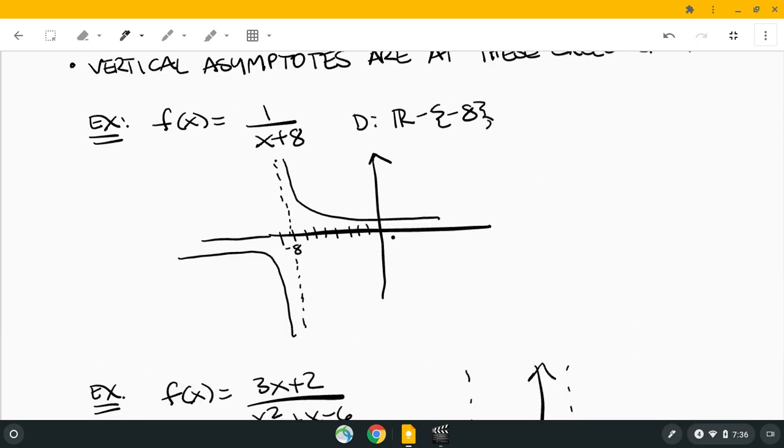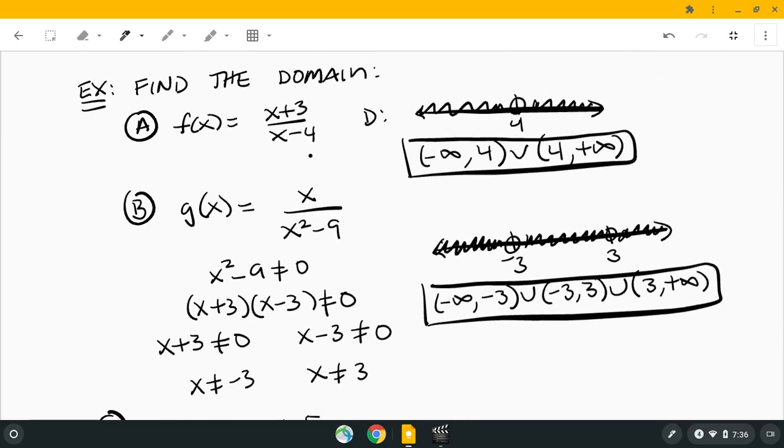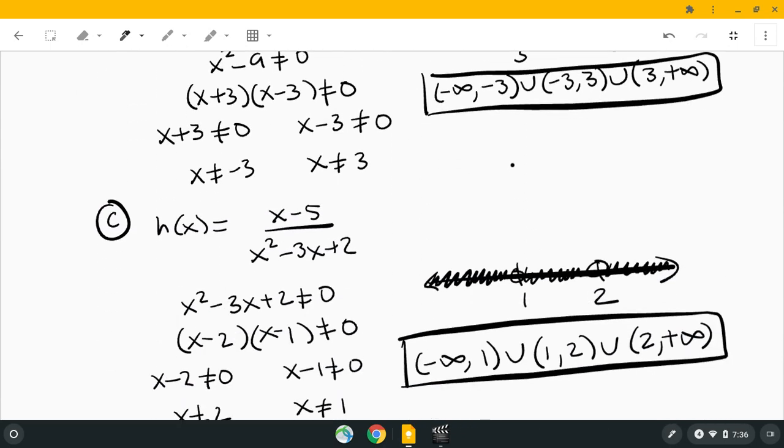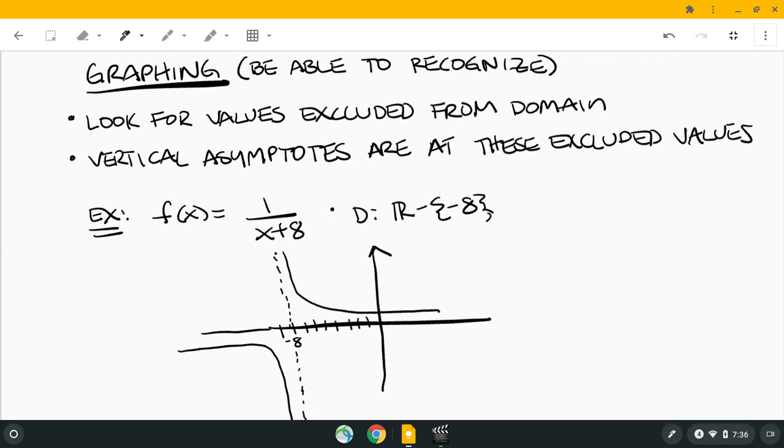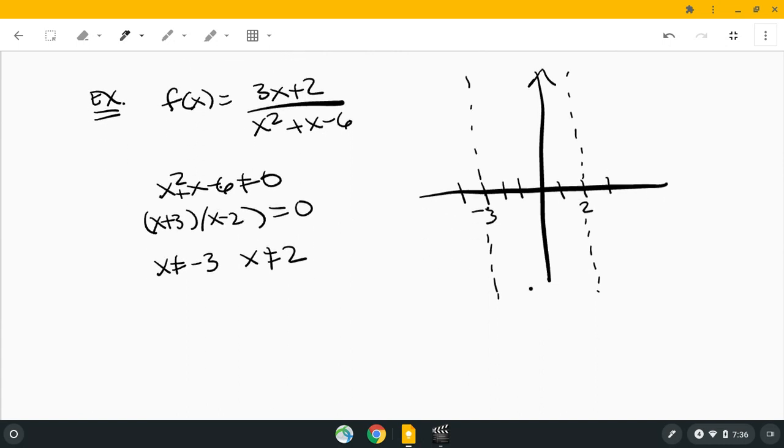If we look up here at these problems where we were looking for the domain, at 4, you would have that vertical asymptote. Here, you would have it at -3 and 3. Here, you would have vertical asymptotes at 1 and at 2. So long as you're able to figure out which values to exclude, that's where you're going to have the vertical asymptotes. All right, so that is part 1. The next part, we will talk about how to simplify rational expressions.